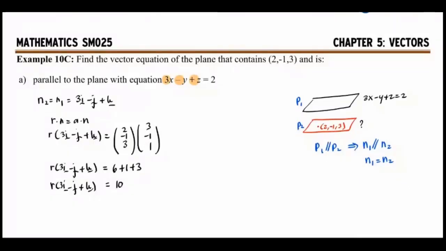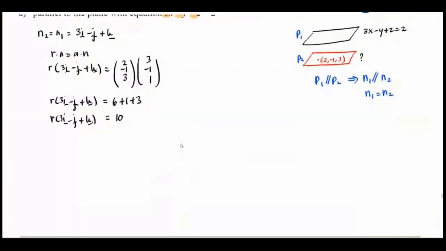Okay, second case, where we have a plane parallel to the XY plane. We have the point (2, -1, 3). It says parallel to the XY plane.